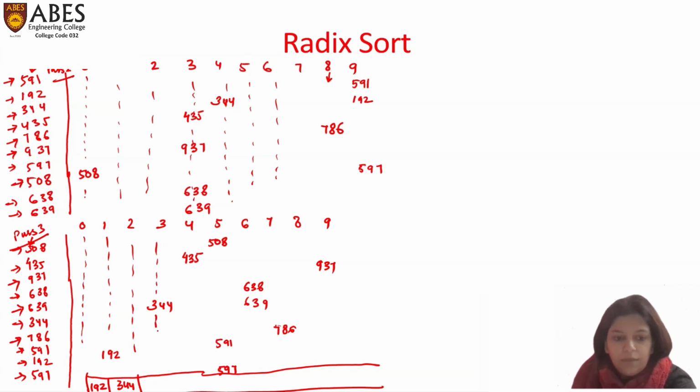Then we will go in 3. So we have 344. Then we will go in the 4th column. We have 435. Right? Then we have 508. Then we have 591, 597, 638, 639, 786, and 937.